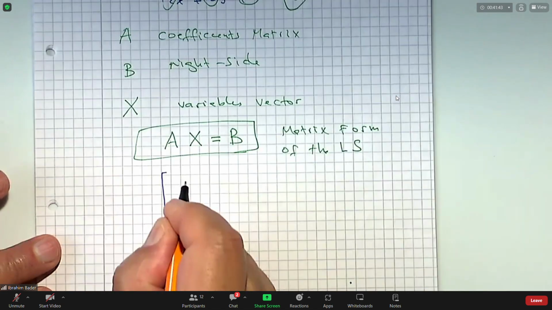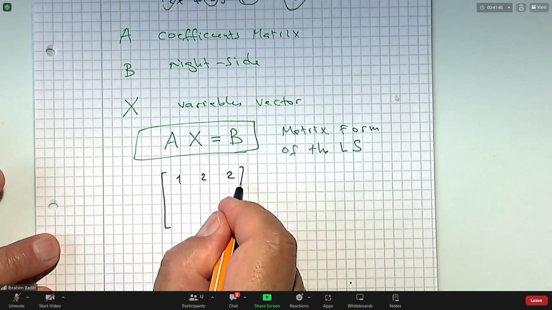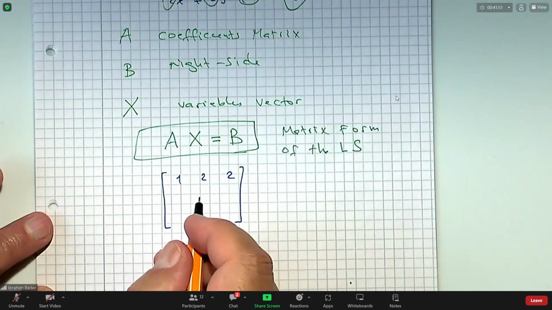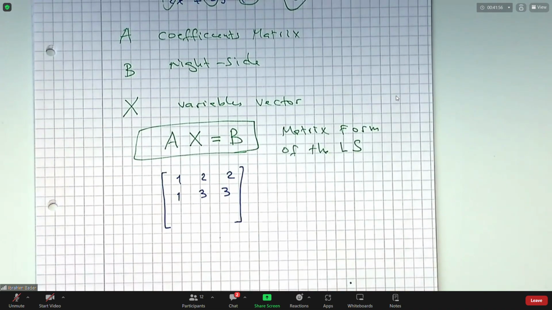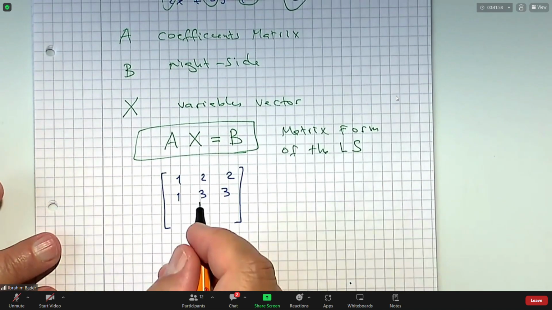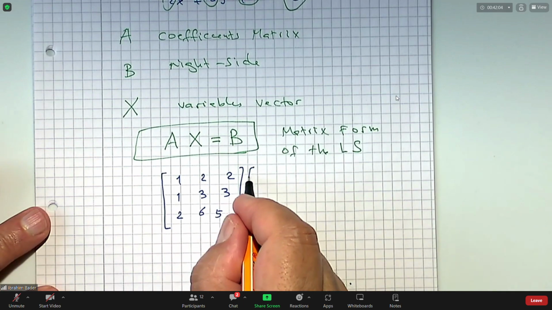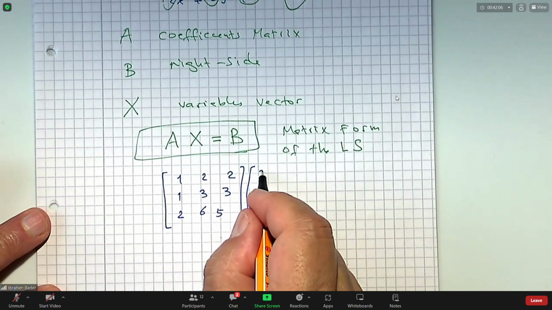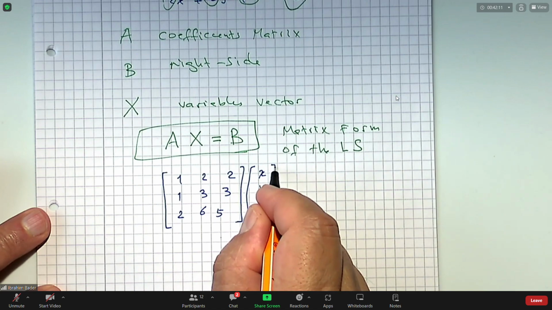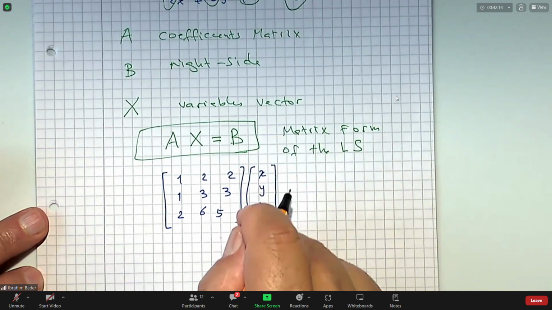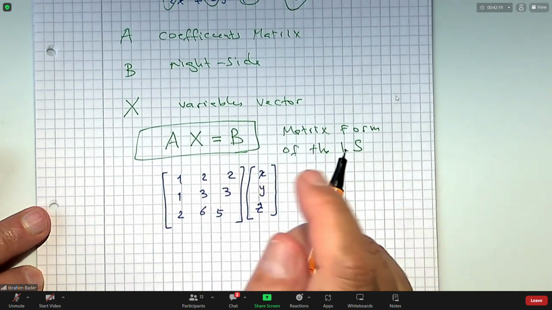So for this particular example, I hope it's a simple step that everyone can find out that this is the matrix containing the coefficients of the variables, only the left-hand side: 1, 2, 2, 1, 3, 3, and 2, 6, and 5. This is my A. I multiply this with capital X, which includes small x, small y, small z, the variables. Solving means I find the vector x, y, and z that will satisfy this.